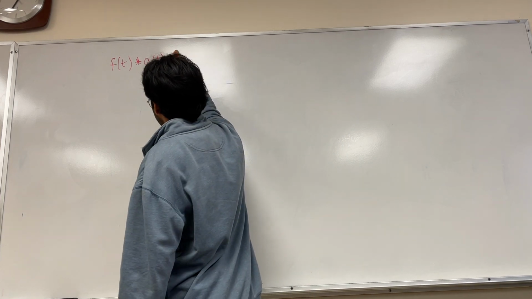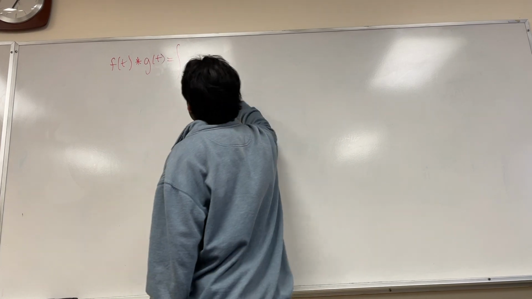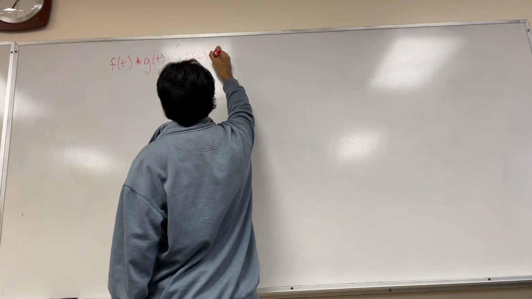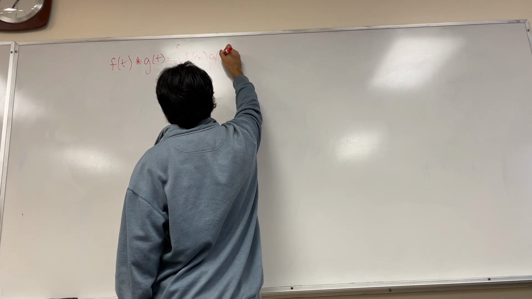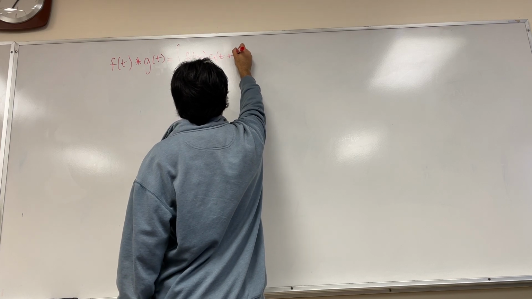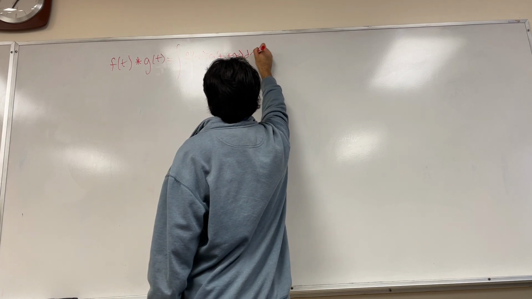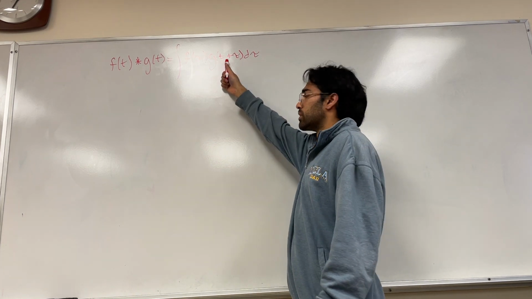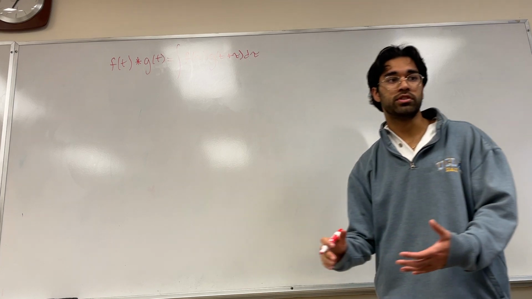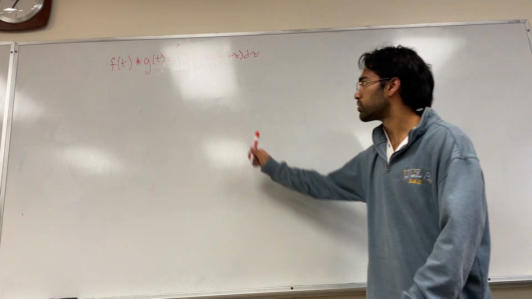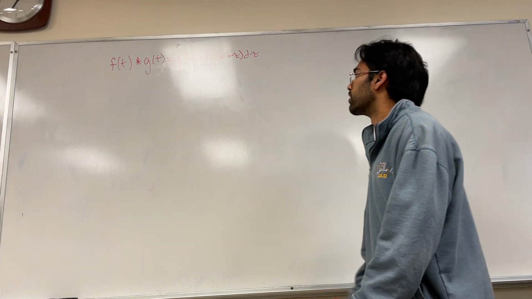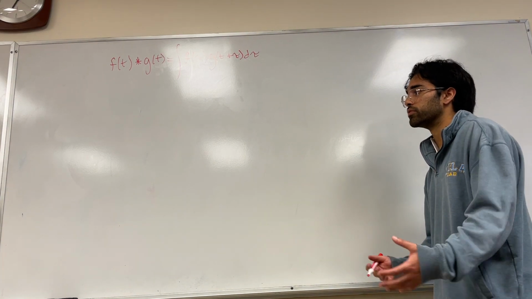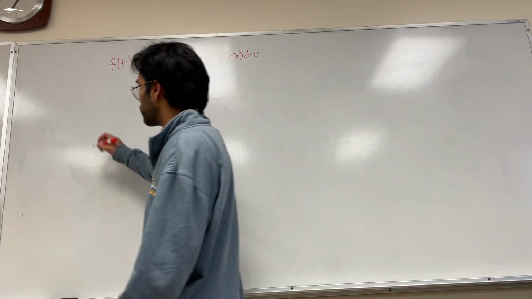Because the form of a cross correlation is very similar to that of a convolution, where you have some f, some g, and they're time shifted. But in the case of a cross correlation, they're not time reversed, versus a convolution, which is.